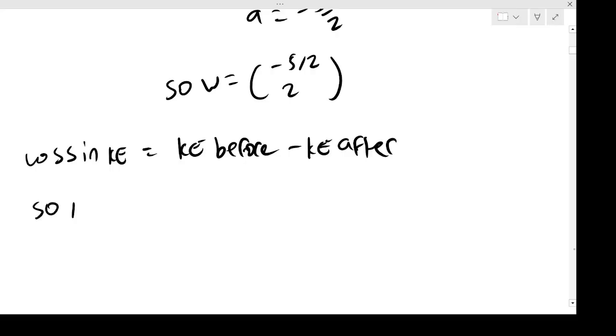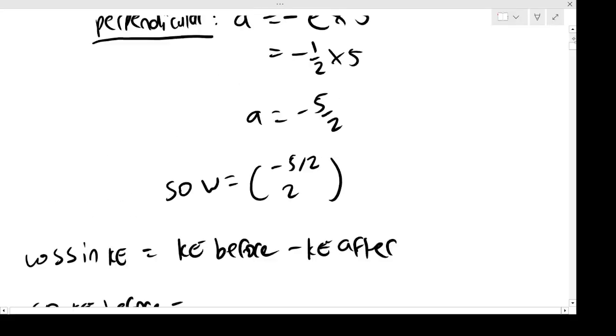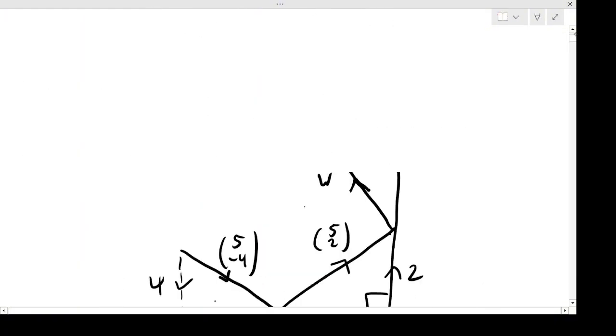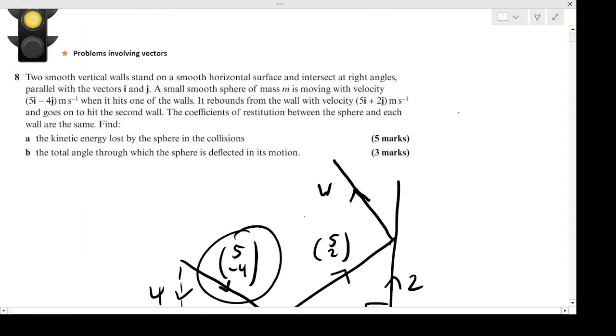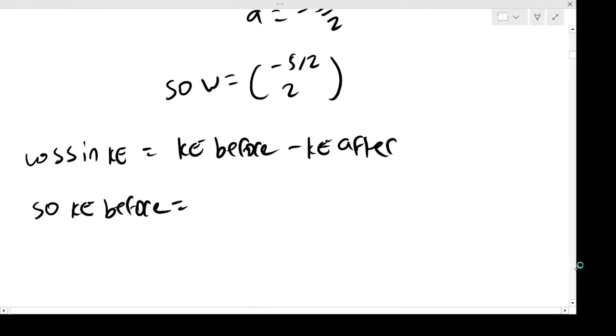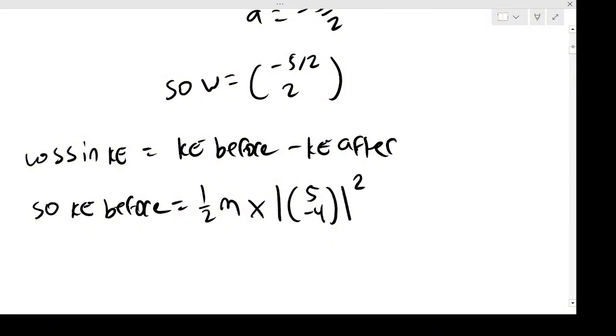Okay, so in this case, the original kinetic energy is when the velocity was (5, -4) originally. So it's going to be half times m, lots of the magnitude of the vector (5, -4) squared.